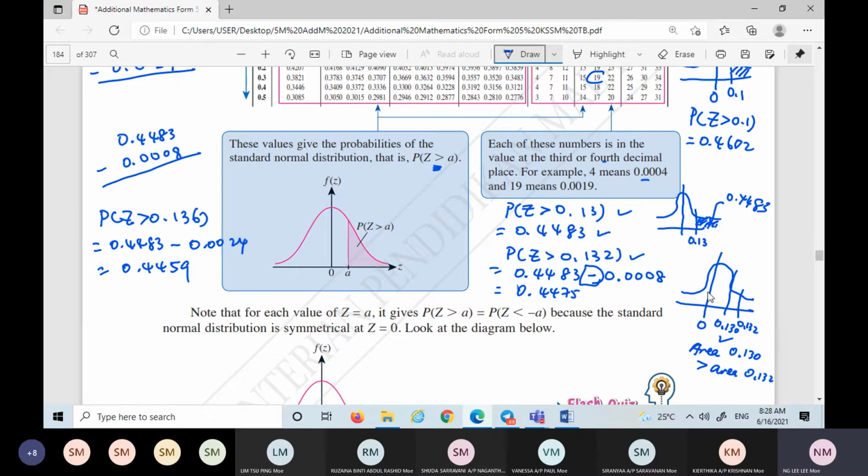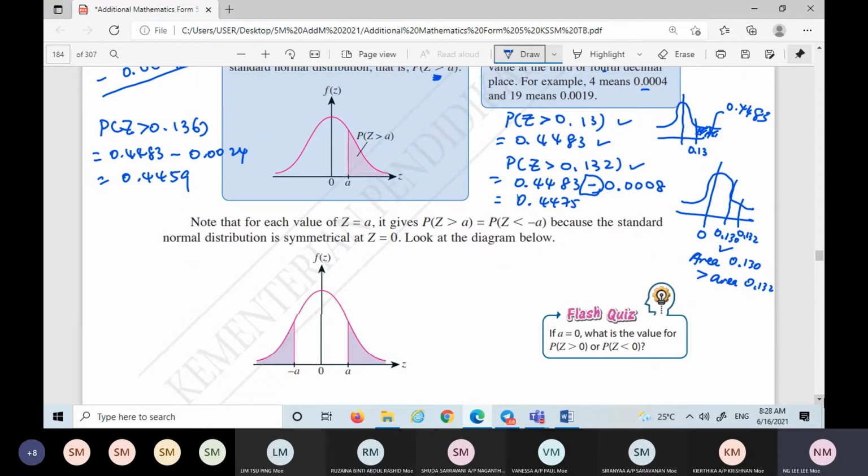I hope you can understand. Maybe I ask a few questions before we continue. This one you must know, and I want you to copy it also: the probability for Z greater than a is equal to the probability for Z smaller than negative a, because this is symmetry.